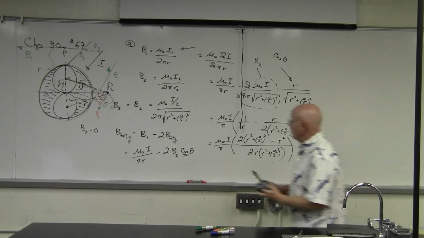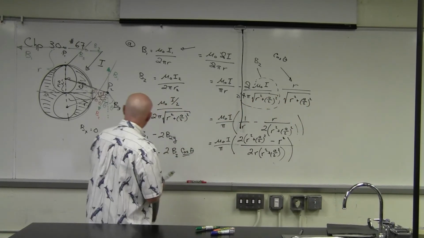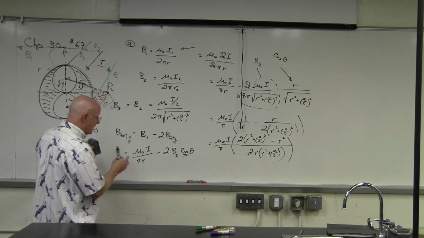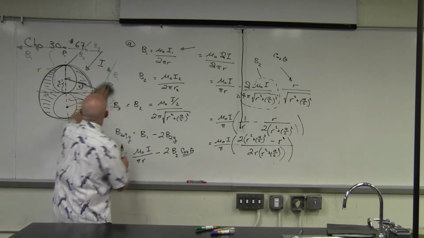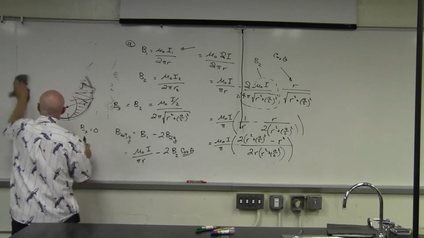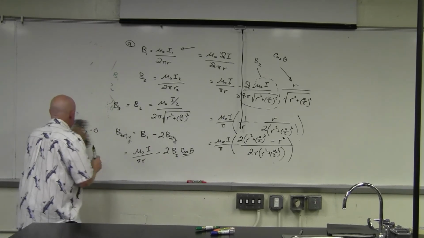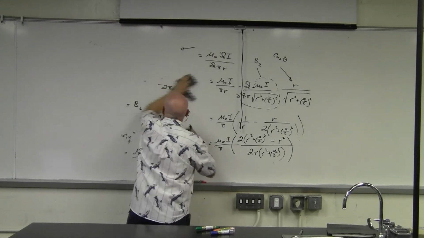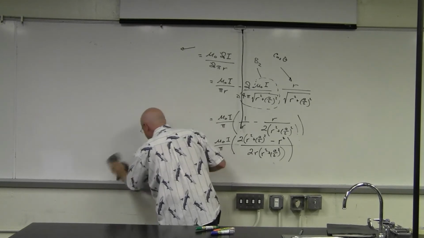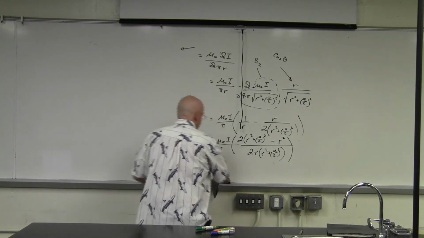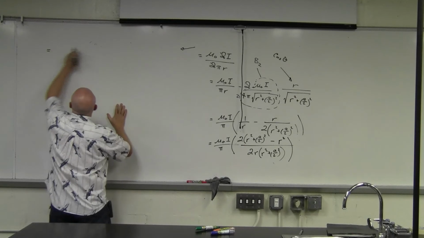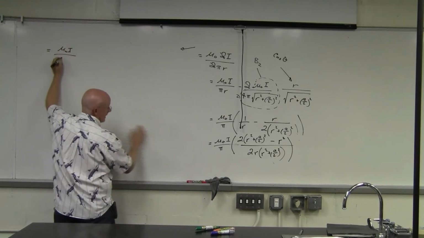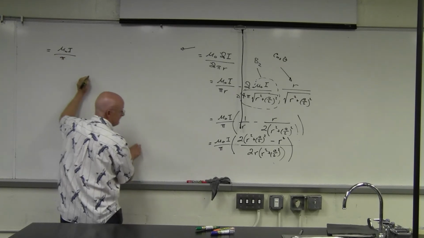But so that I don't go off the screen here, and I think we're almost done once we simplify math. So I'm going to go ahead and take a risk here and erase my picture and even these earlier equations that were saying what's the magnitude of the field, and then put this over here and say, okay, this is the mu naught, this is the I, this is the pi.